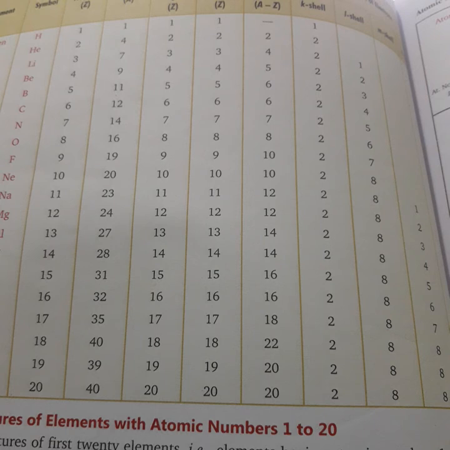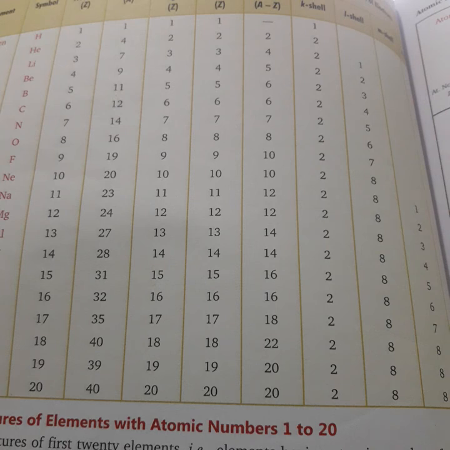Valency is equal to the number of valence electrons if there are 1, 2, 3 or 4 valence electrons. Lithium's valency is 1. Lithium will lose 1 electron. After losing the electron, it will obtain a positive charge.